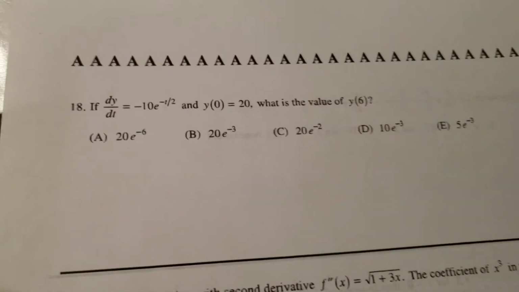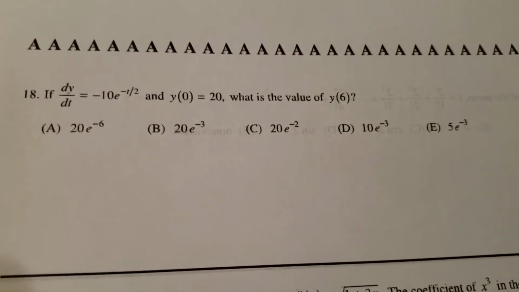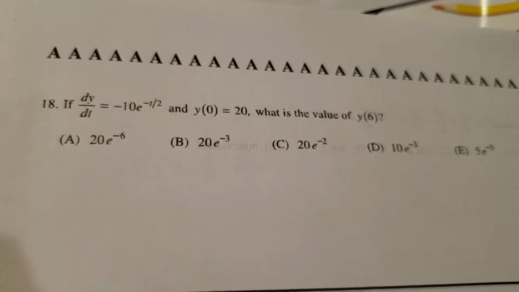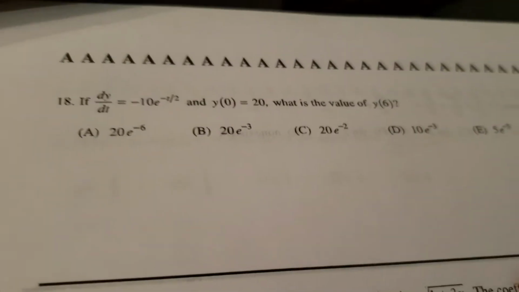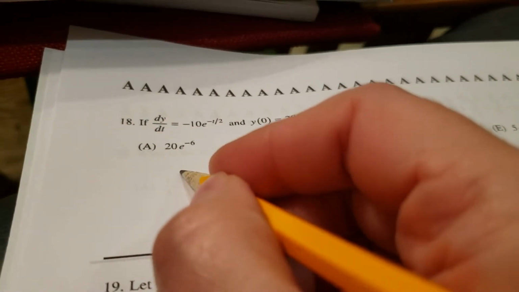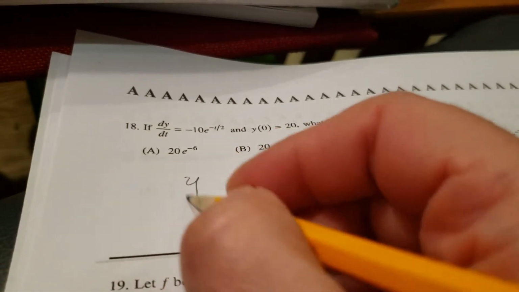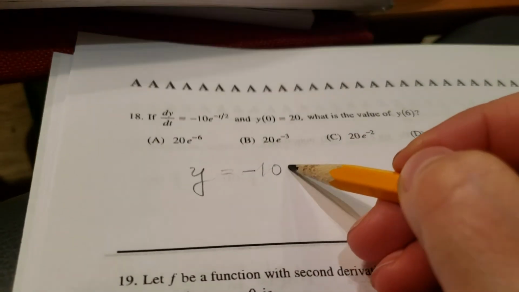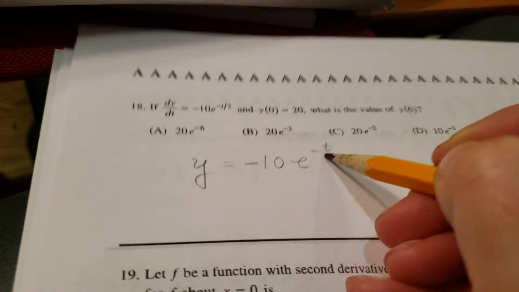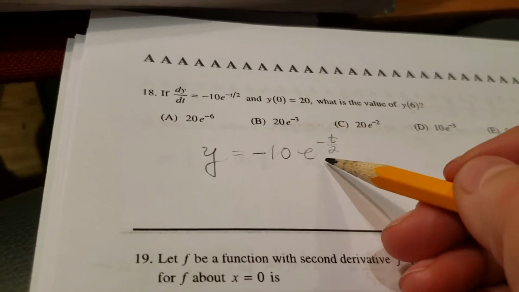18. Okay, this looks like an antiderivative. So let's take the antiderivative. They want the original function. So what do we have? If I take the antiderivative of that, I would get negative 10 e to the negative t over 2 divided by negative 1/2, right?